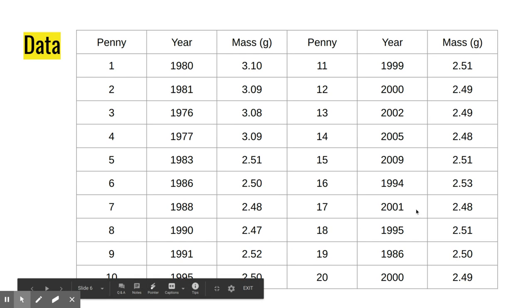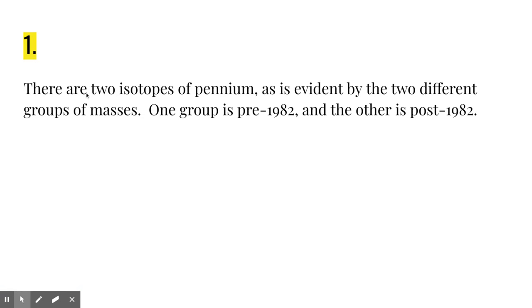So we can see that we have two distinct different masses. So we're going to say that there are two different isotopes of pennium because we see the two distinct different groups. And we're going to give them names. I'm going to call the one group pre 1982 and the other post 1982.